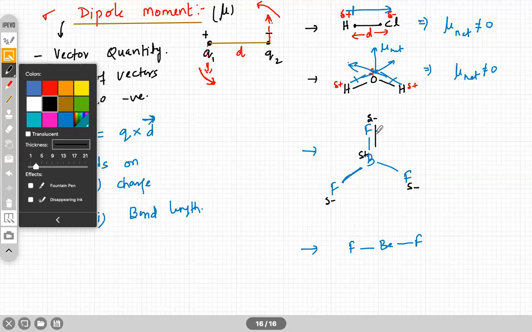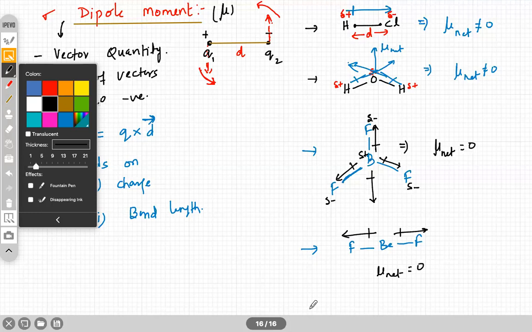So positive to negative, we have one dipole moment because of this bond. Here we have dipole moment, and here we have dipole moment. Now the resultant of these two is in this direction, and these two cancel out each other. So for this one, mu net is equal to 0. Similarly, in BeF2 also, this dipole moment and this dipole moment cancel out each other, and mu net equals 0.